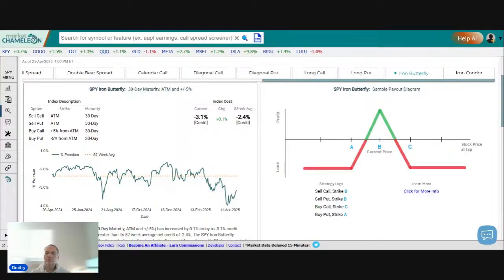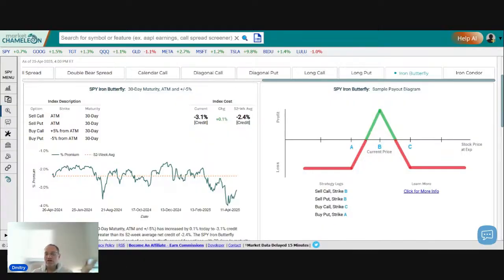So you're mitigating your potential risk by buying the outside strikes of the call and the put. And if you do this side of the strategy, your sweet spot is right at the strike B. At expiration, you want all the options to expire worthless.